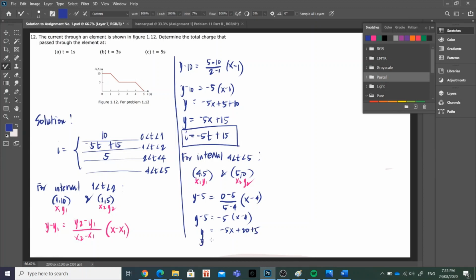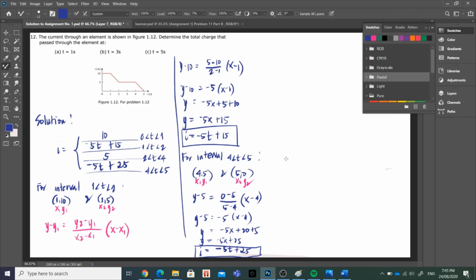And then, y is equal to negative 5x plus 25. And then, palitan ulit yung mga variable natin in terms of sa y-axis, current I, sa x-axis, time. So, this is I is equivalent to negative 5t plus 25. So, ayan. Lagay na lang natin plus 25.